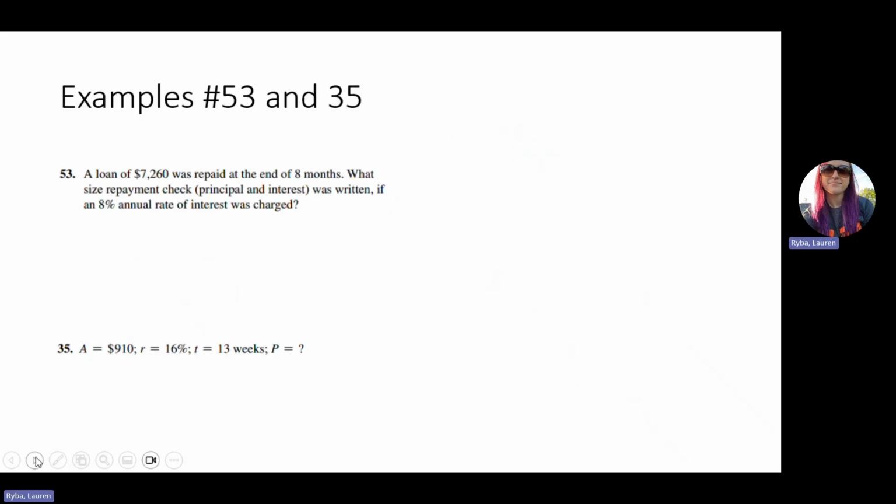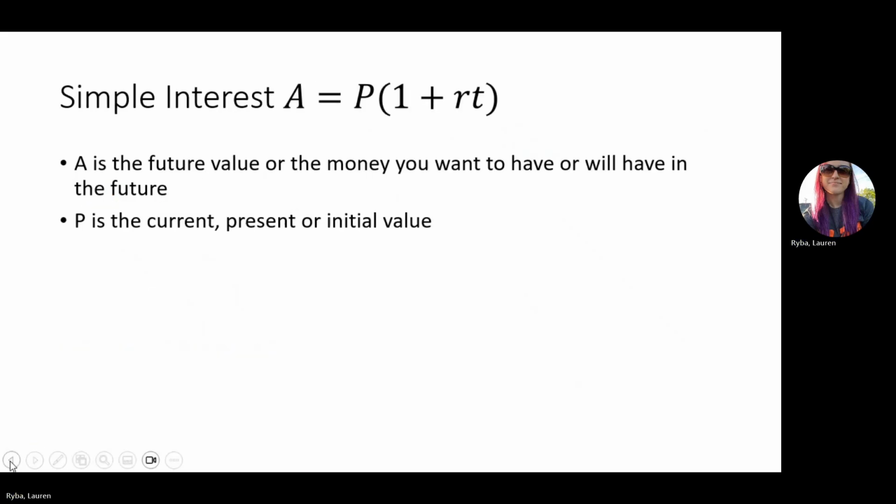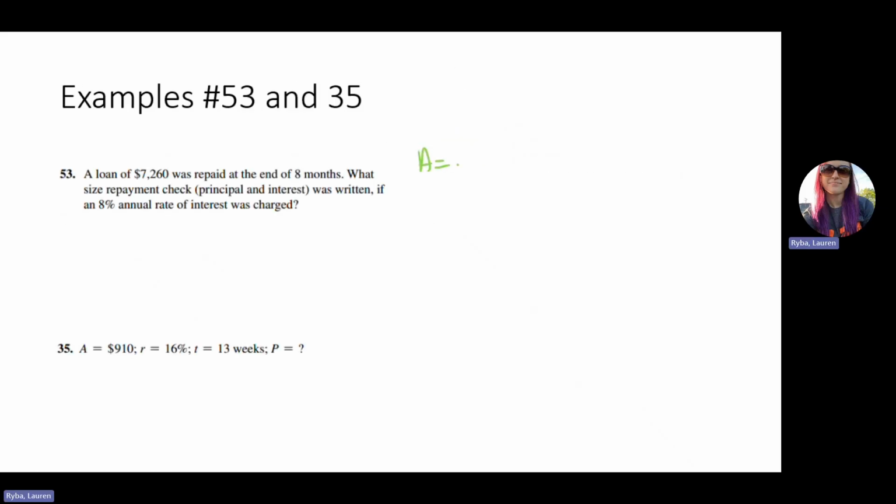So we did it the first time by calculating P times R times T, and then added it back to P. Think about it here. If I factor this, it's P times the quantity 1 plus RT. I could have done it all in one formula rather than 2 steps. So I could have done this one as 7,260, open parentheses, 1 plus, again, you always have to change that rate, 8 over 100, 0.08 times 8 months out of 12, which was that 2/3 value.